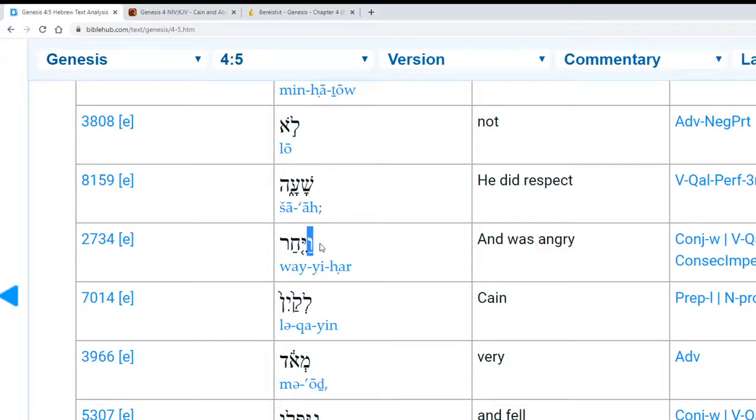Vayihar. So vav is conjunctive vav. Yichar. So again, we have to figure out what the root of this is. I would say het resh hey. That seems to be what they also are doing. So they're saying that yud here is part of the imperfect to get angry, right?